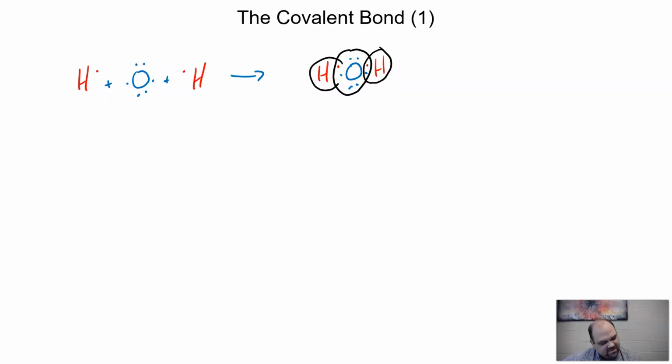I mentioned earlier that hydrogen's okay with just 2 electrons. And so hydrogen has a duet, so this is a full duet of electrons, and that's true for both hydrogens. Oxygen has a full octet of electrons. Okay.